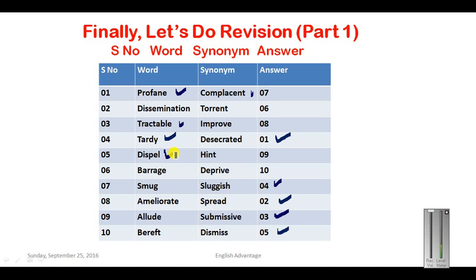Barrage means a torrent or stream of water. Smug means complacent or self-satisfied. Ameliorate, a very important word, means to improve. Allude means to hint, and bereft means to deprive somebody of something.